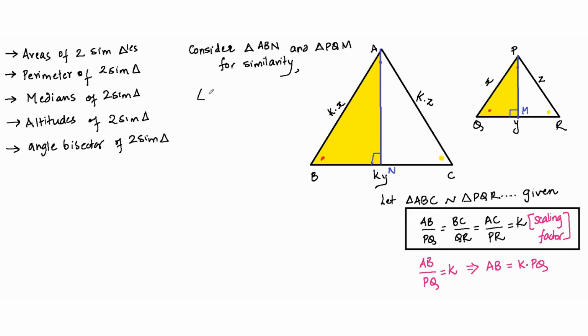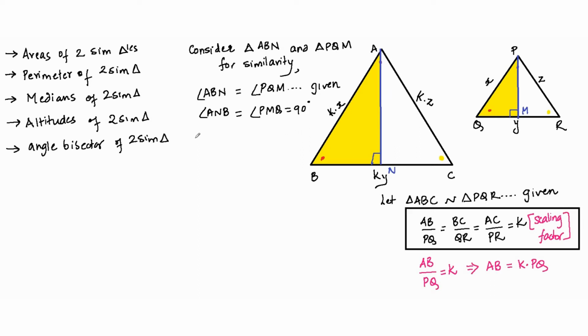So I know that angle ABN is equal to angle PQM because this is given. Why is this given? Because the original triangles are similar, right? I know that triangle ABC and triangle PQR are similar, which means that angle B is equal to angle Q. And therefore, I can also say that angle ANB is equal to angle PMQ, which is equal to 90 degrees, right?